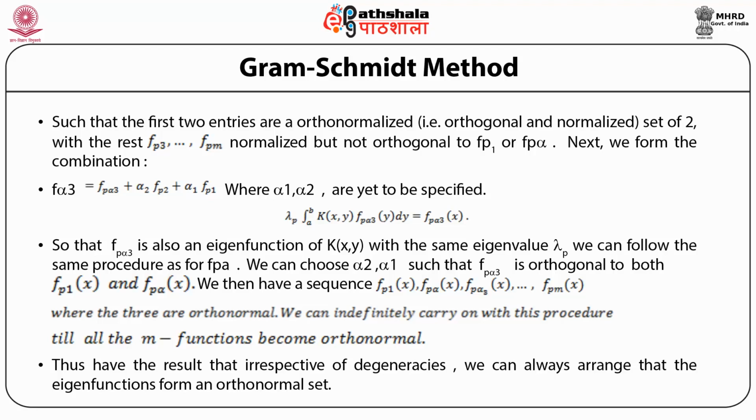We can choose alpha2 and alpha1 such that f_p alpha3 is orthogonal to both f_p1 and f_p alpha. We thus have a sequence of functions in which the three are orthogonal. We can indefinitely carry on with this procedure till the mth function becomes orthonormal. We thus have the result that irrespective of degeneracies, we can always arrange that the eigenfunctions form an orthonormal set.